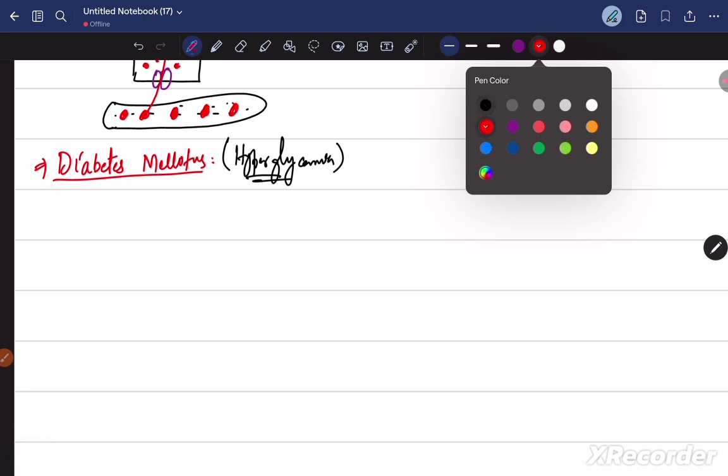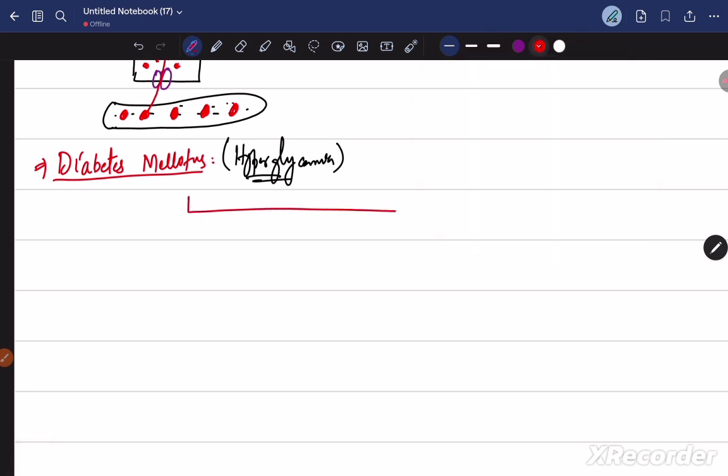Diabetes mellitus is of two types. One is type 1 diabetes mellitus and the other is type 2 diabetes mellitus.